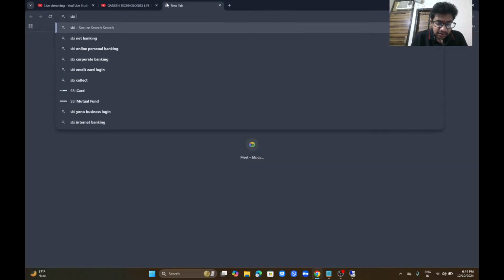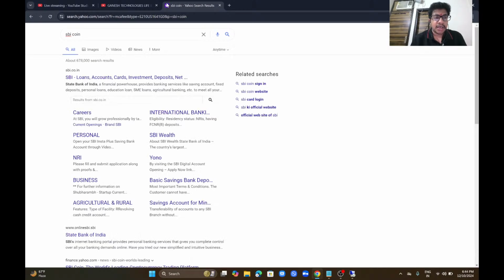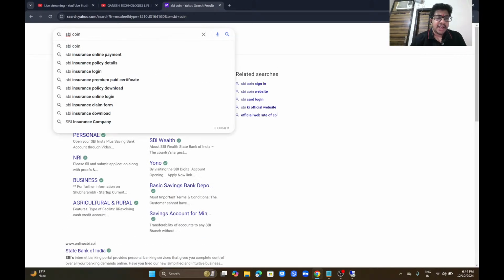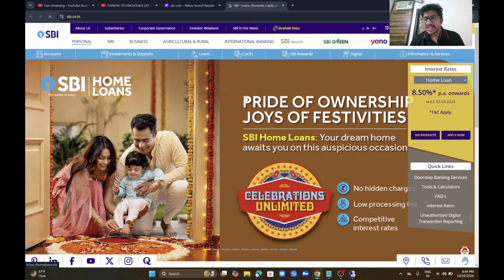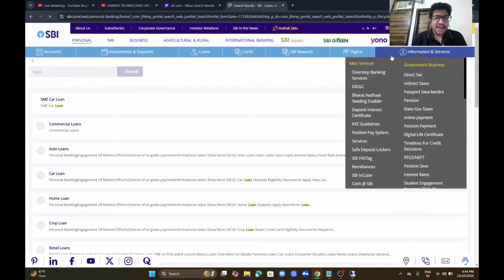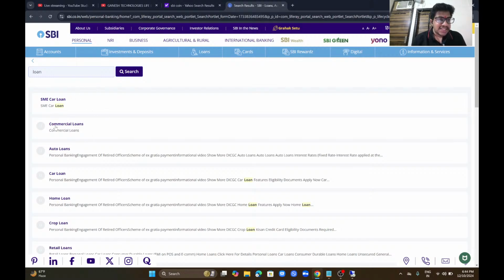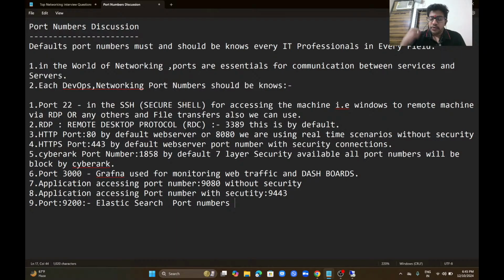Suppose I use any banking service like ICICI Bank or SBI Bank, and search for some example, say loan. It displays all types of loans. This is the Elasticsearch backend. We don't know exactly, but Elasticsearch will use these functions.